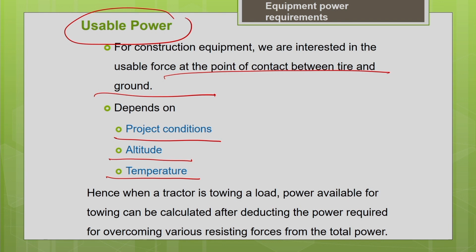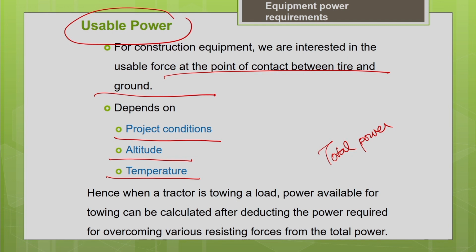We are going to see how to estimate the usable power. Say for example, when you are using a tractor for towing a load, how much power is actually available for towing the load? That we need to calculate. So you know what is the total power available for the tractor. You know from the manufacturer what is the maximum power possible. You know that for the particular tractor. Where the tractor is working in your project site, what are the underfoot conditions, you know.